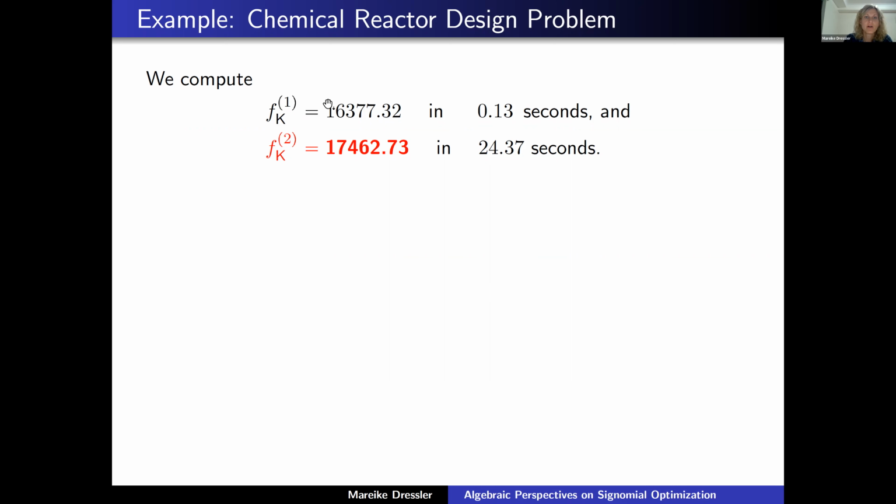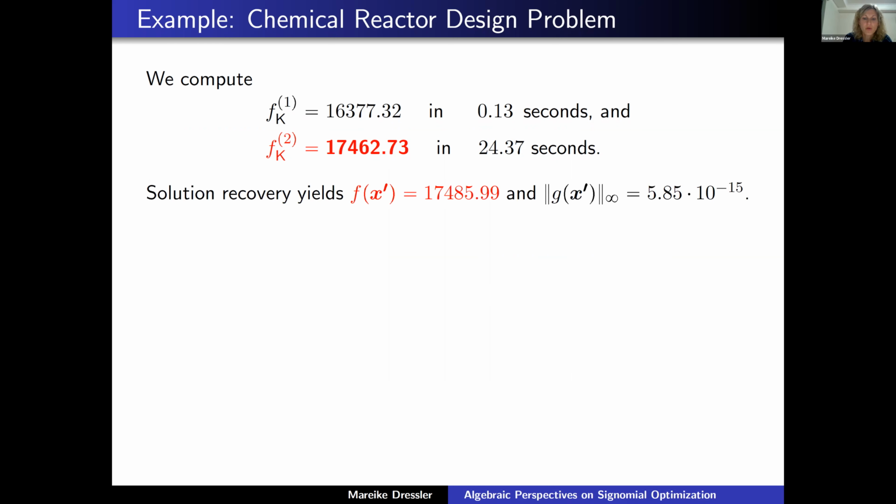So the first lower bound gives us this, and the second lower bound already this. And then we run solution recovery on this f_k^(2), and we obtain a point which gives us the value like so here.